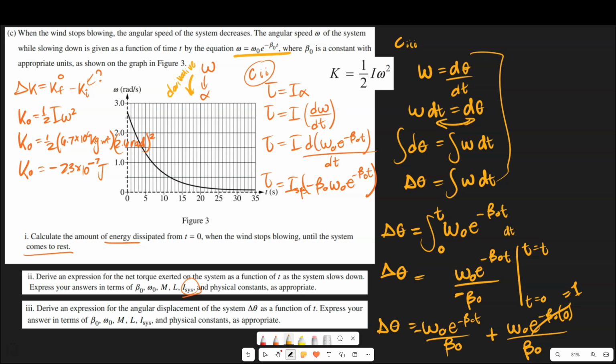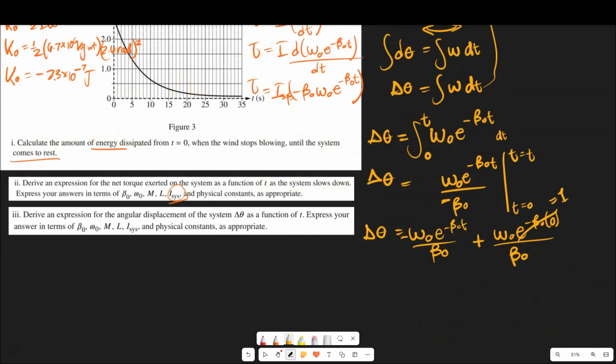I'm running out of room, but I'm just going to drag this down so we can work with this a little bit more. We would say delta theta is equal to, and let's look at what we have. We can clean this up a little bit, and sometimes it is helpful if we do. This is the kind of thing that you can do at the end of your FRQ if you have a little more time. You might get 1 extra point for cleaning some stuff up, you might not.